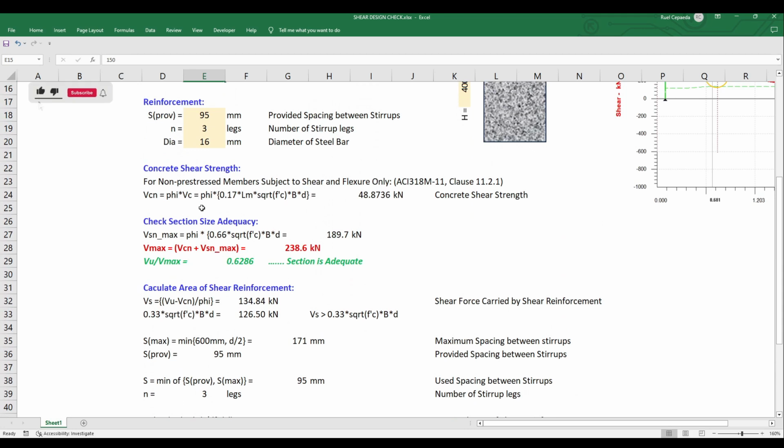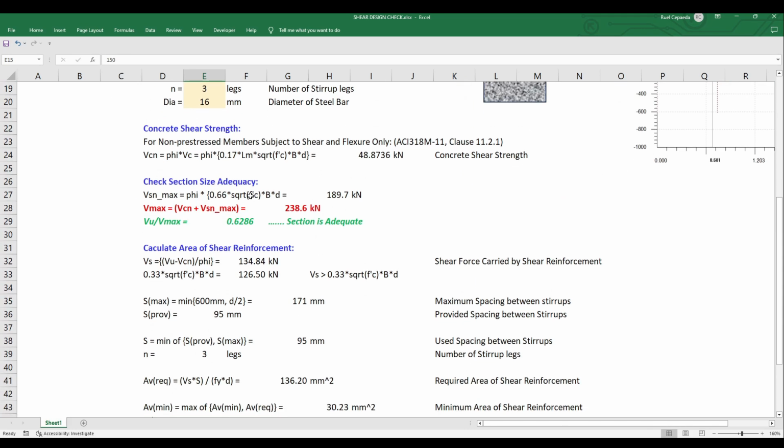Then we need to check the section adequacy of the beam. From this formula, the Vsn max is phi times the quantity of 0.66 times the square root of f'c times bd. Then we get the Vmax, which is Vcn plus Vsn max.